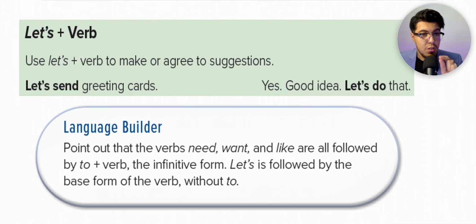So, to plus the verb, we call it the infinitive form. The verb itself, without to, we call it the base form of the verb. So, the verbs need, want, and like are followed by the infinitive, and let's is followed by the base form of the verb.